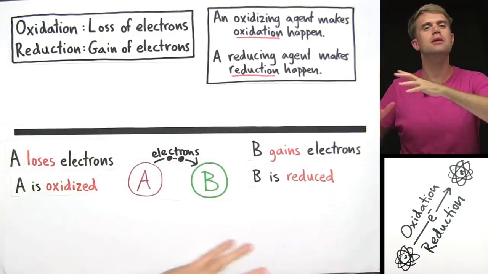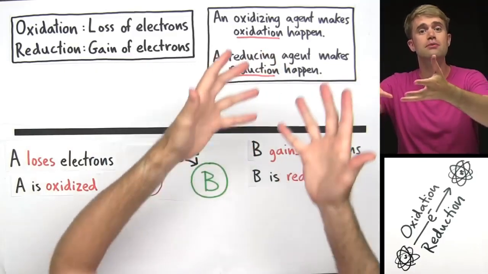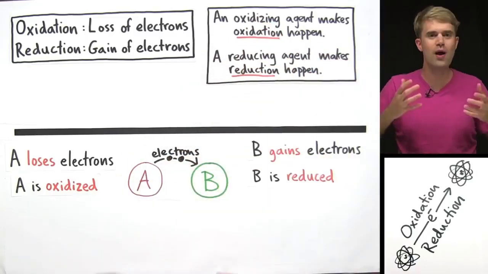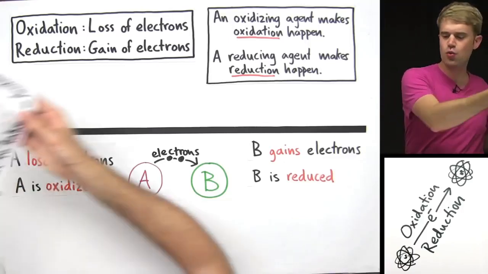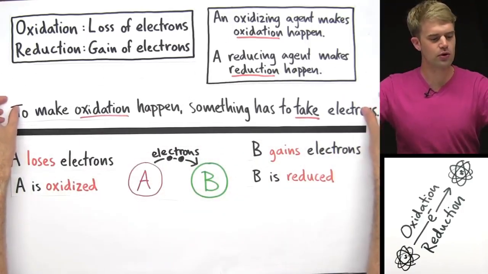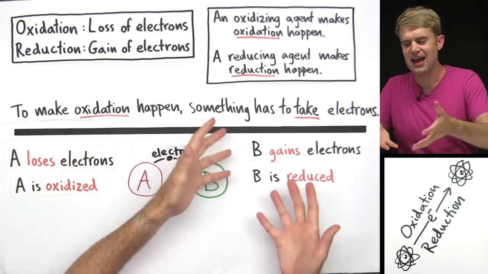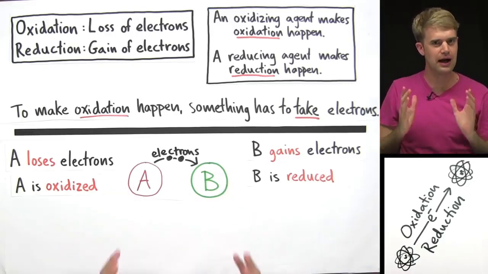They can't just chuck them into space. An atom can only get rid of electrons if something else is going to take those electrons away. They have to give the electrons to something else. Okay, so we can say that in order to make oxidation happen, something else has to take the electrons away from the thing that's being oxidized.